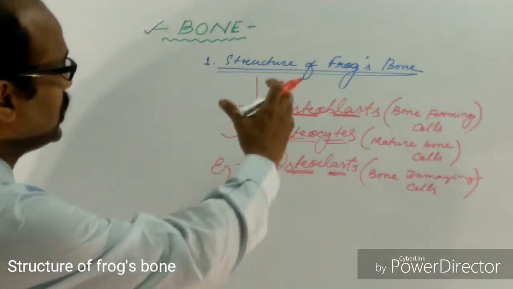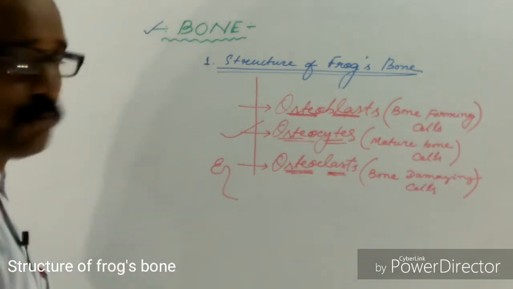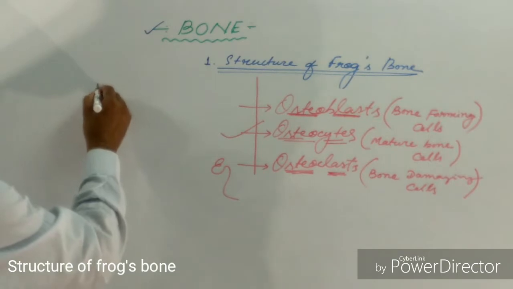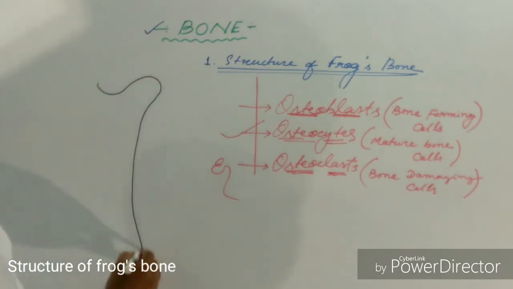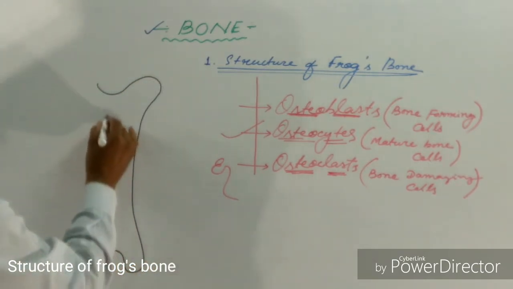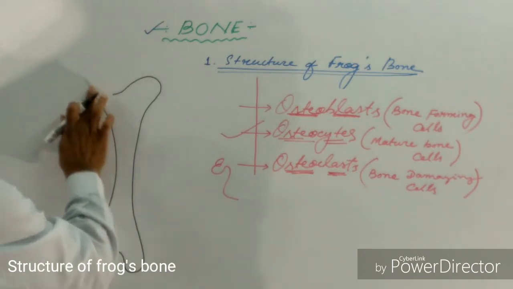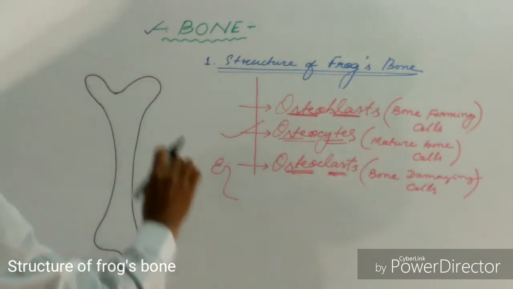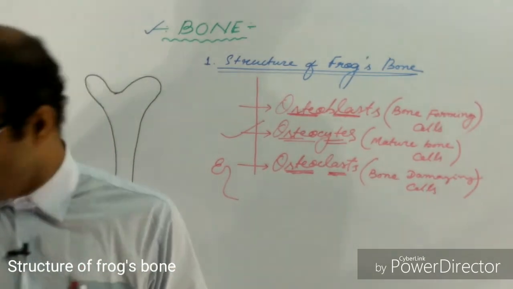Now come to the frog's bone. Probably the limb bones are the elongated bones. These limb bones may be the humerus or femur bones.